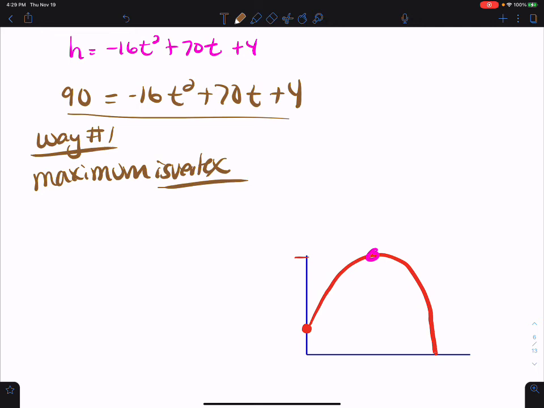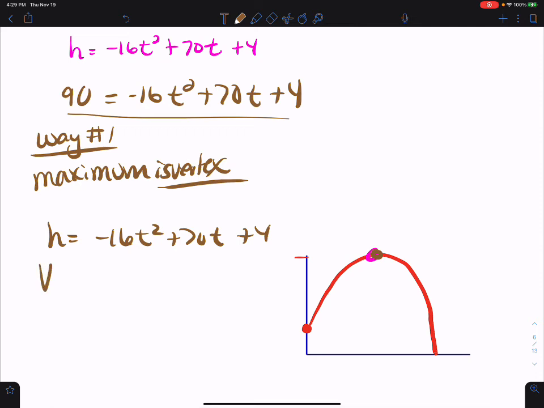I'll write this equation down here. This is the height of my equation: negative 16t squared plus 70t plus 4. So for that picture I drew, I want to know, does this point have a height of 90 or less? The maximum is the vertex.